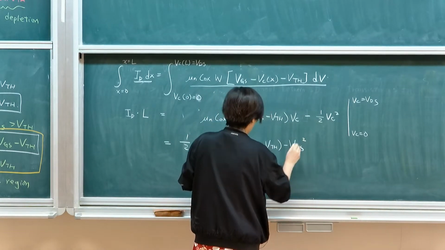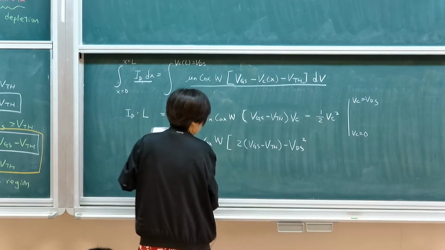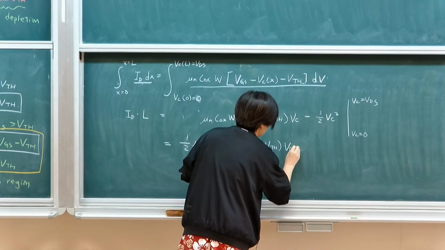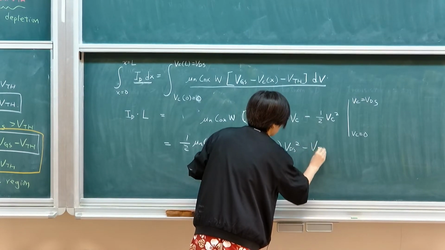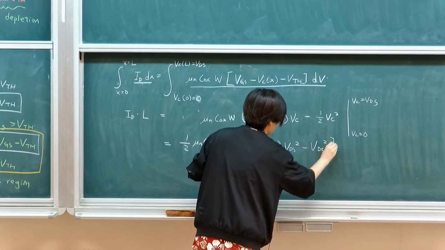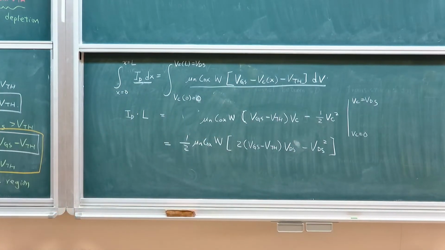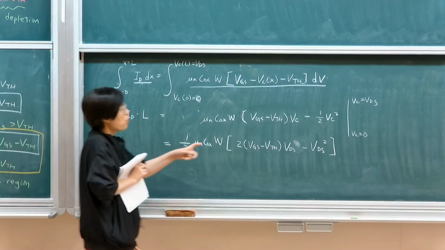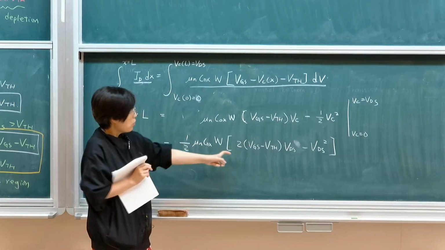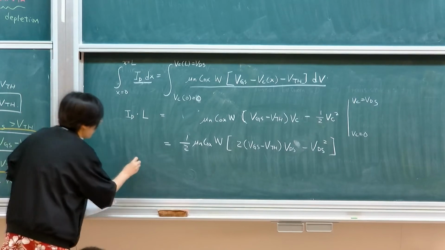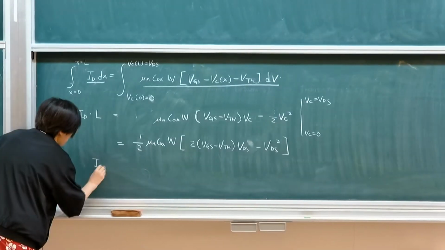Did I get it right? Let me make sure that I got it right. I'm taking out the 1/2 to the front, and it will become this equation. And finally, the current equation will be divided by L.